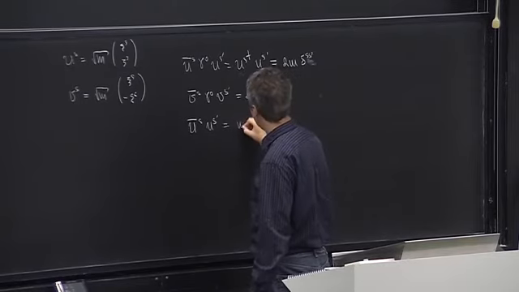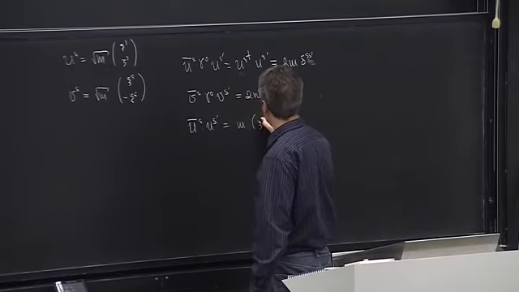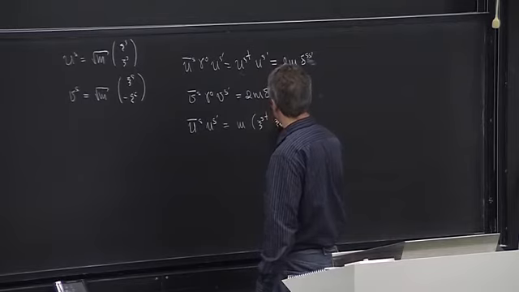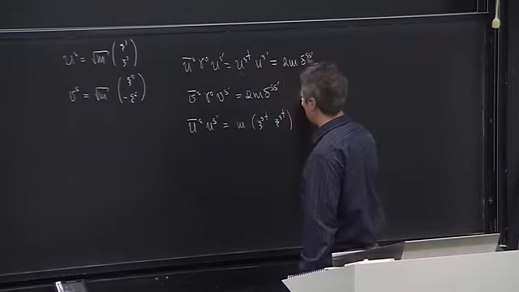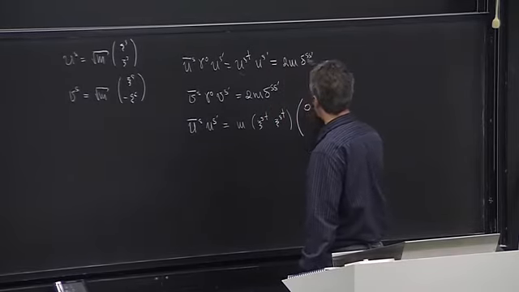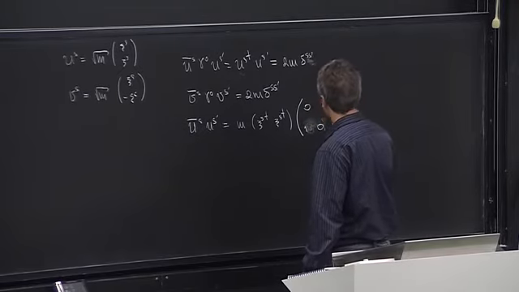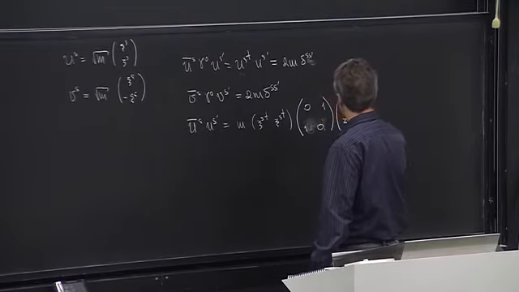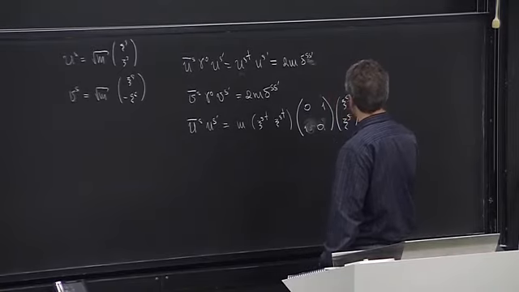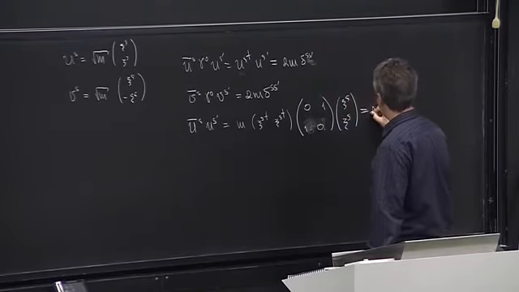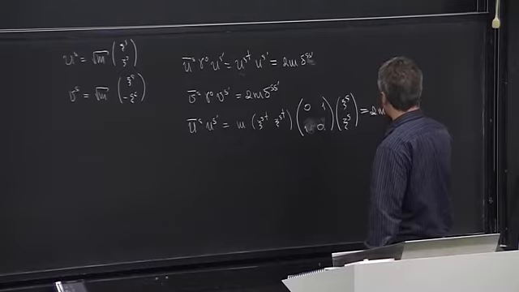So this will be equal to m ψ_s† ψ_s†. So here we will have gamma 0, which is an off-diagonal unit matrix, ψ_s. This is still 2m δ_ss'.